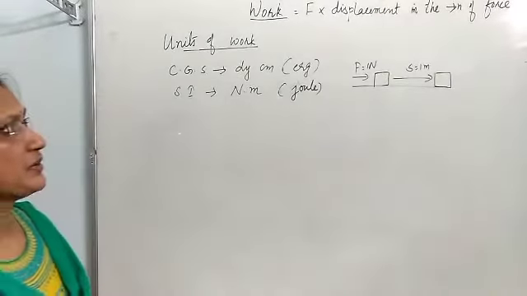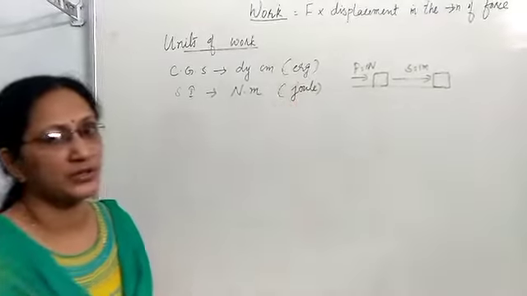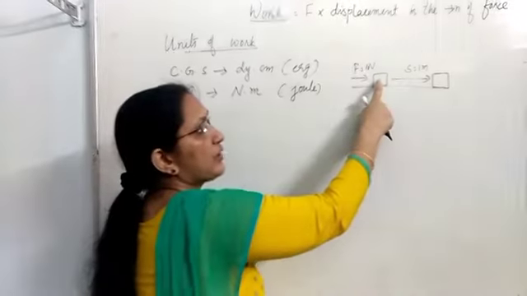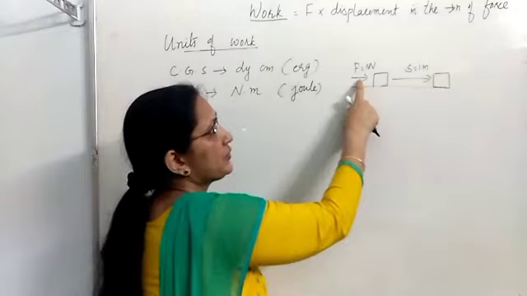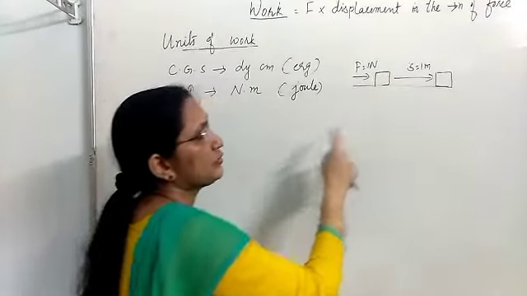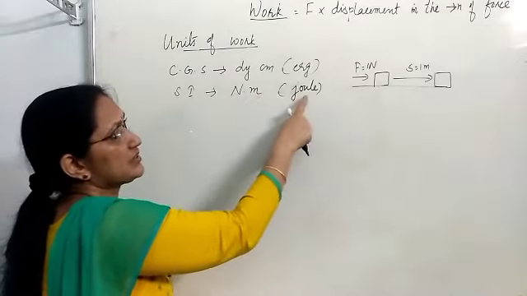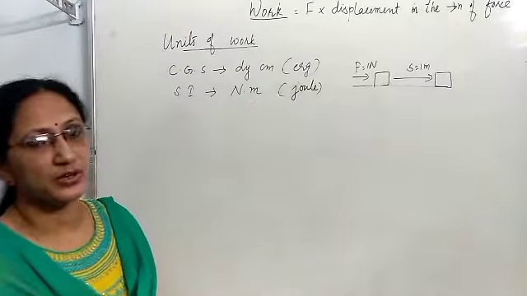Then let us see the definition of one erg and one Joule. Consider on a body you are applying a force of 1 Newton, thereby it displaces by 1 meter. Then the work done is 1 Newton meter, that is defined as 1 Joule.